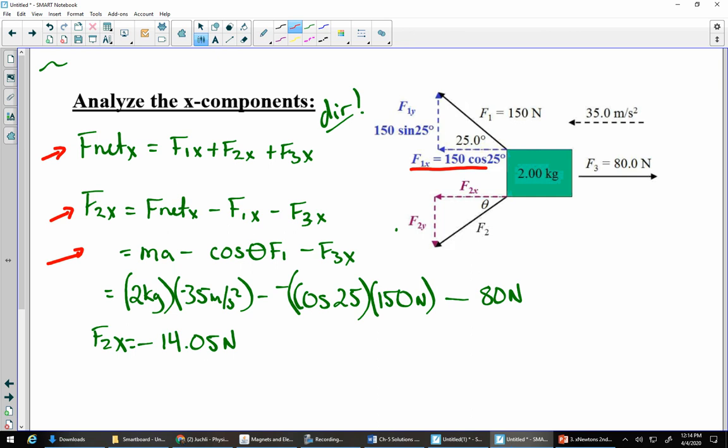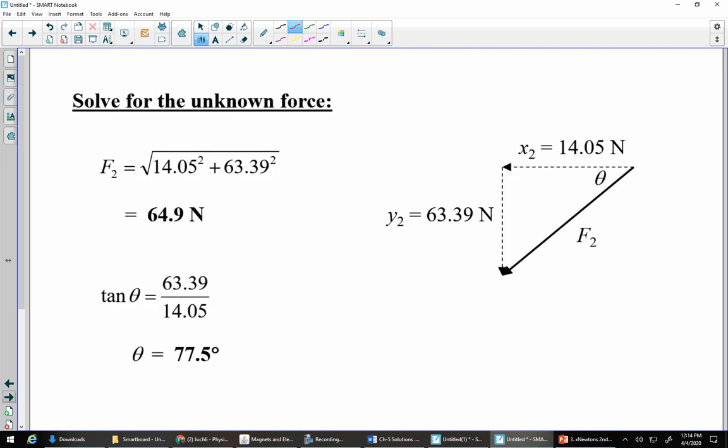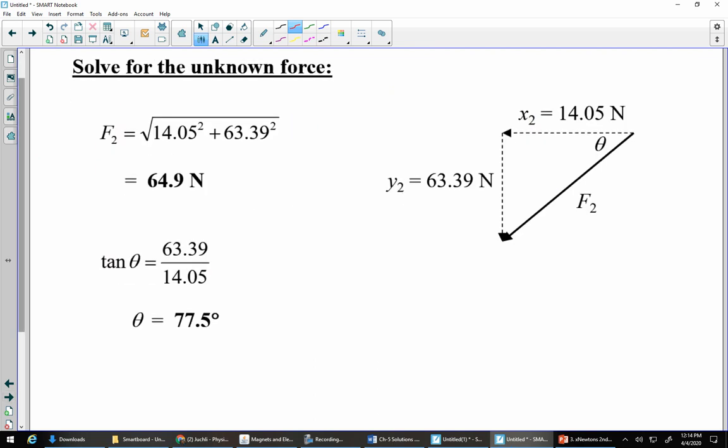So we plug in the numbers, very specifically paying attention to all these directions, what should be positive and what should be negative. It turns out F2x is 14.05 newtons in the negative direction, or 14.05 towards the left. And that makes sense because we need bigger forces towards the left than we need towards the right.